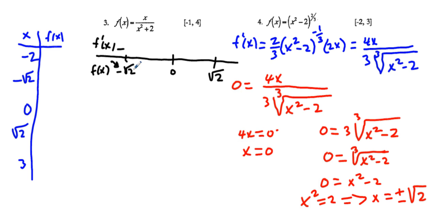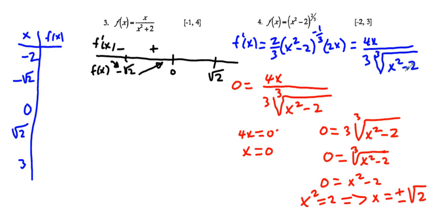We pick a number between negative square root of 2 and 0, which would be, let's say, negative 1. Negative 1 squared minus 2, that's going to be negative, and this will be negative. Negative divided by negative is positive. So we're going up here. We pick a number greater than 0, let's say 1, between 0 and square root of 2.